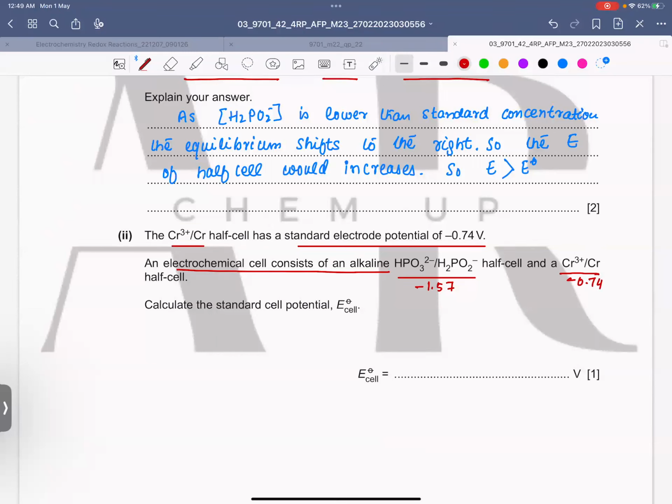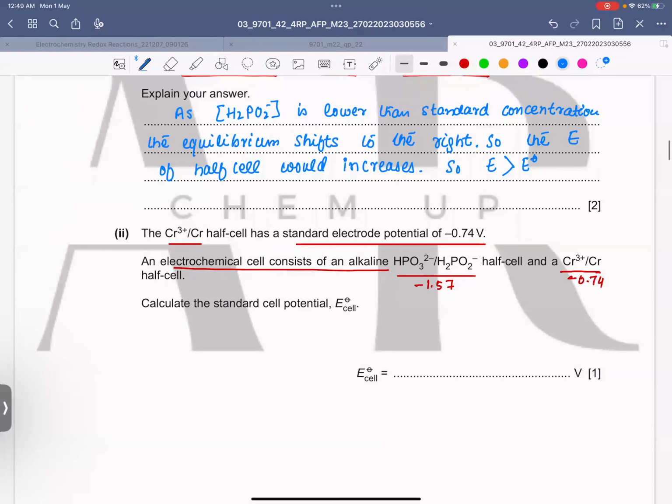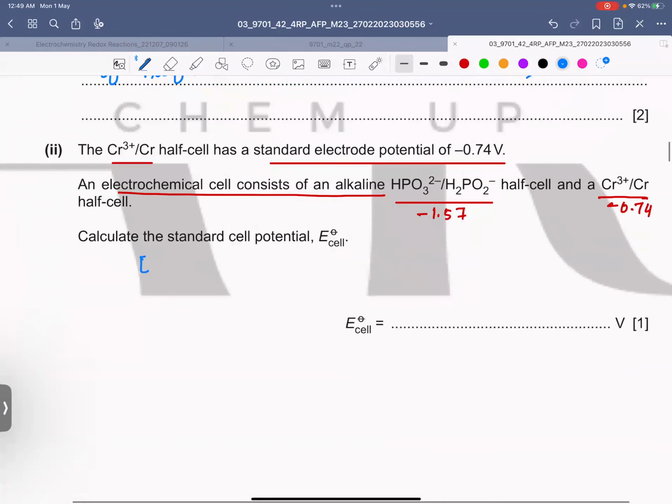So what was the expression to find the E naught cell? That E naught cell must be equal to E naught reduction minus E naught oxidation, right? So in the reduction one, we would use a greater, higher value.